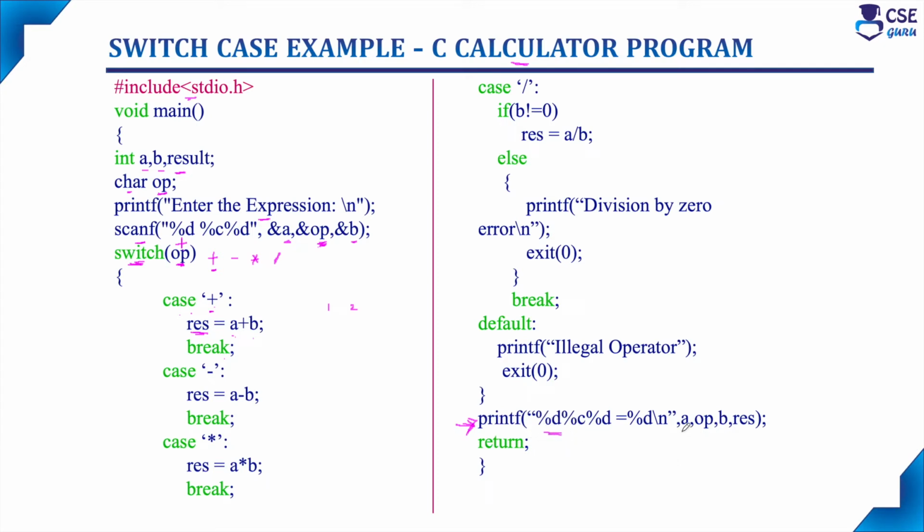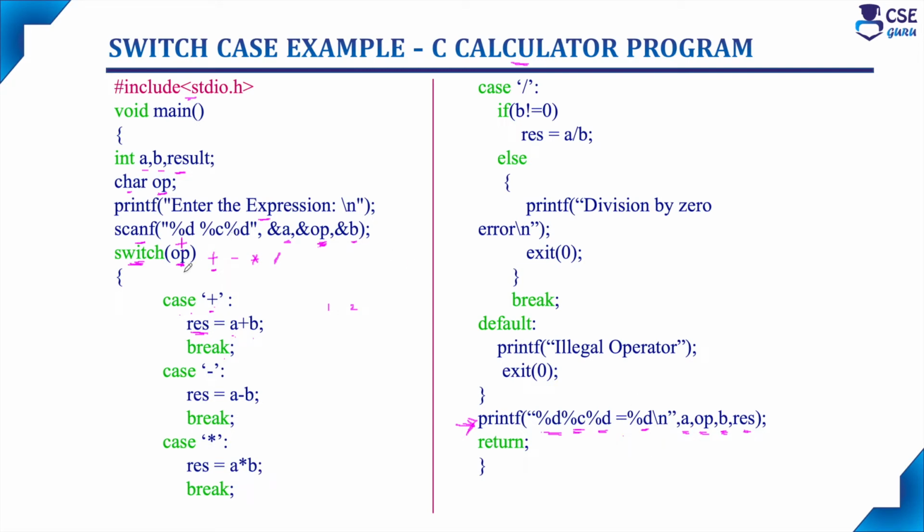For this percentage d, it will consider the a value. For this percentage c, which is a character variable, it will consider the operator. And for this percentage d, it will consider the b variable. Equal to percentage d, it will consider the result. So a plus b is equal to the result, and it will print on the output screen.